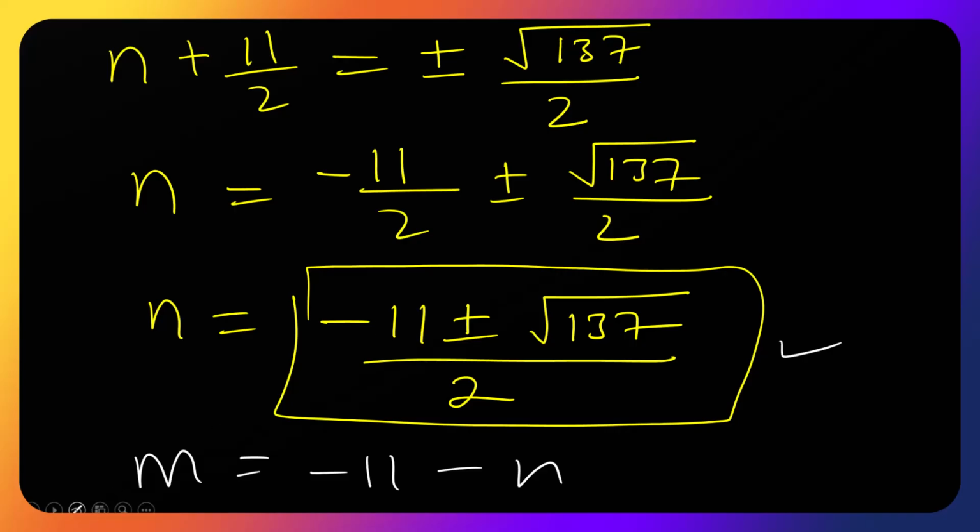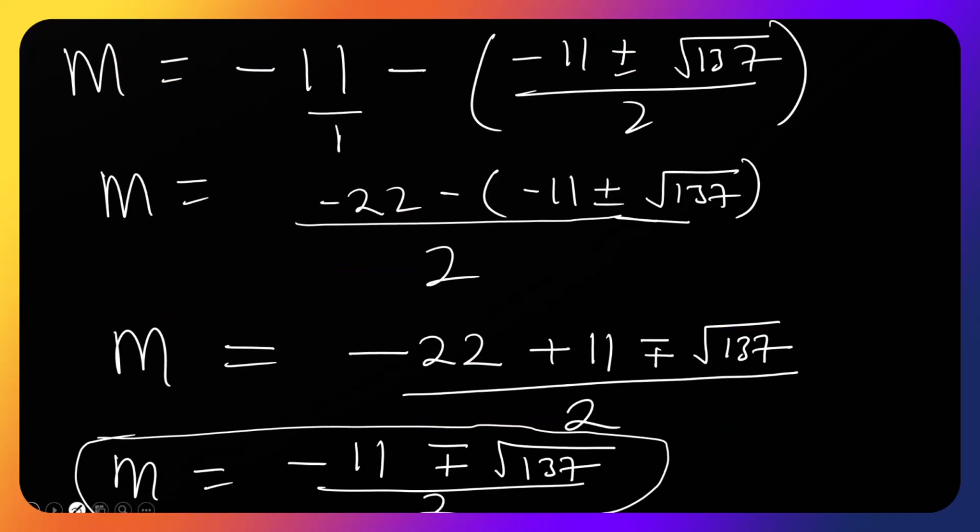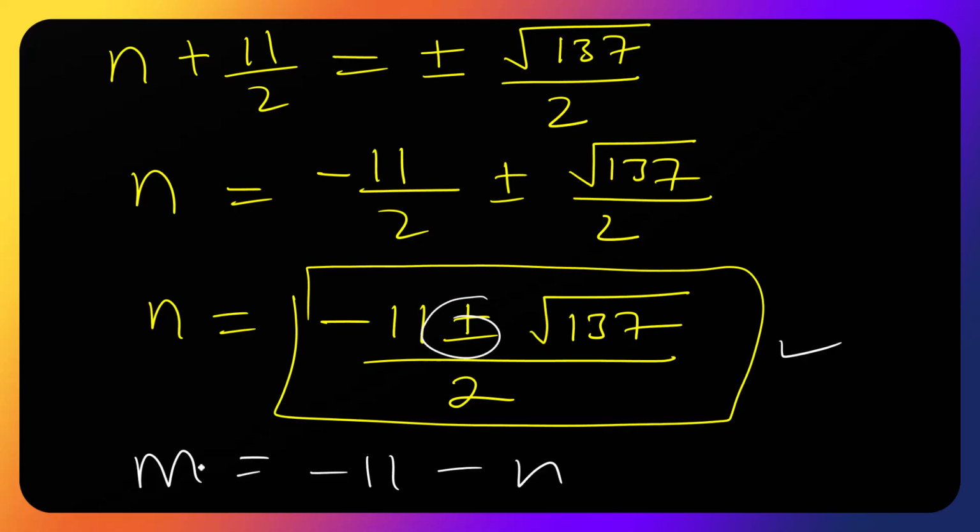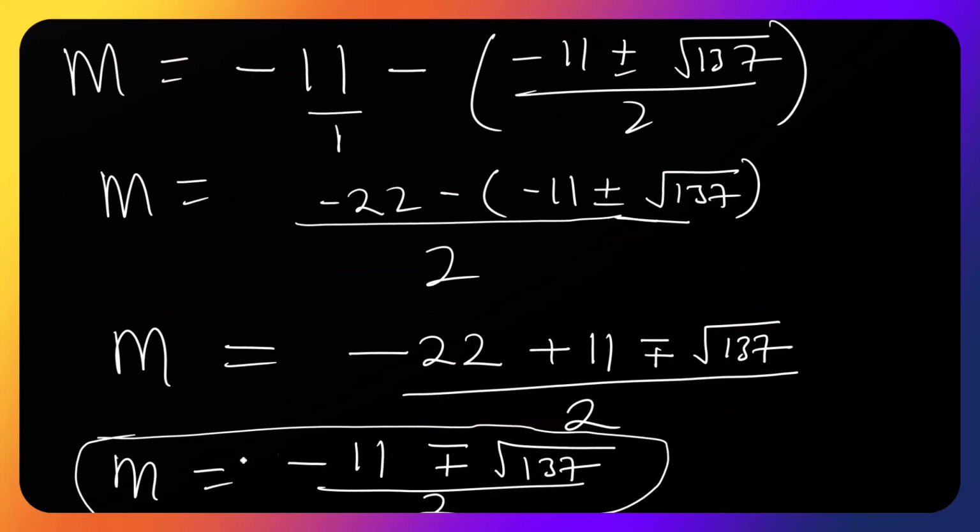Minus 11 plus or minus is the only difference. Minus or plus means when n is minus 11 minus square root of 137 on 2, m will be minus 11 plus square root of 137 on 2, and vice versa. All right.